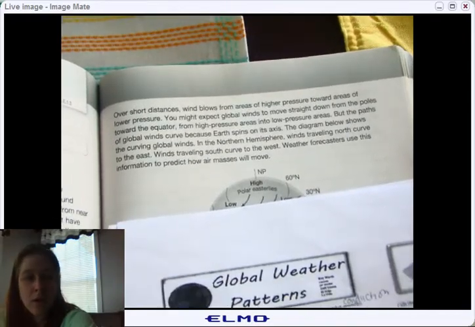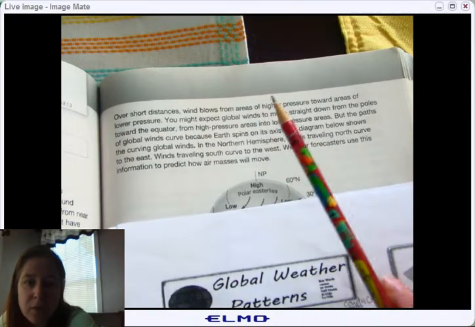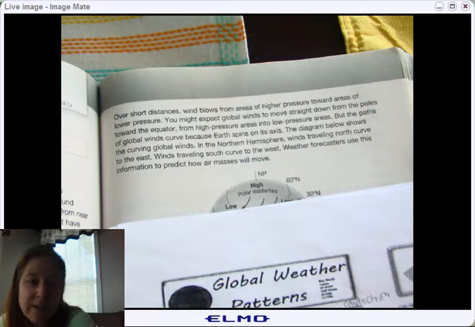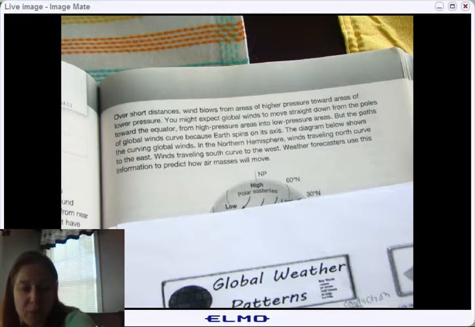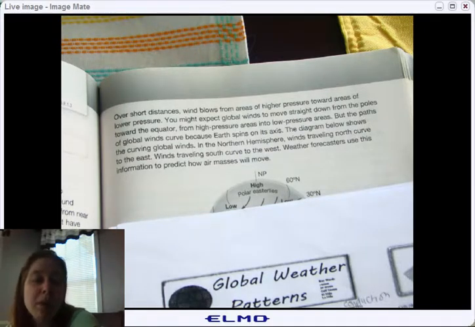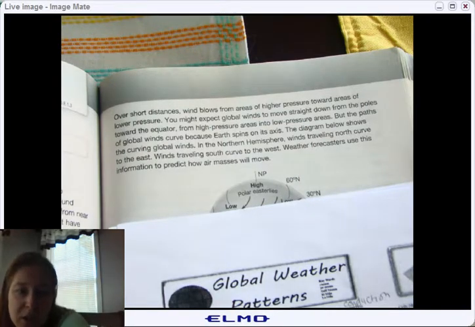Over a short distance, the wind blows from areas of high pressure towards areas of low pressure. You might expect global winds to move straight down from the poles toward the equator, the high pressure areas into the low pressure areas. But the paths of global winds curve because Earth spins on an axis. The diagram below shows the curving global winds. So therefore, it is able to predict it.